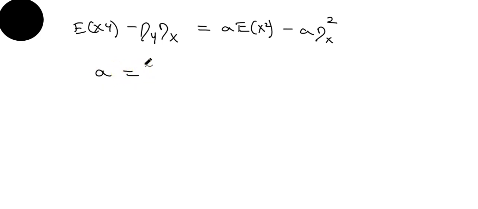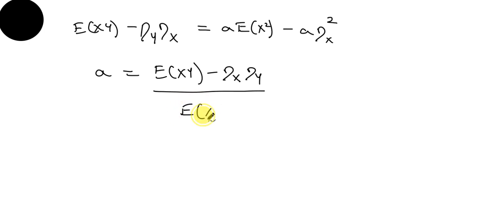My a value over here would be E of xy minus eta x eta y divided by E of x squared minus my eta x squared.